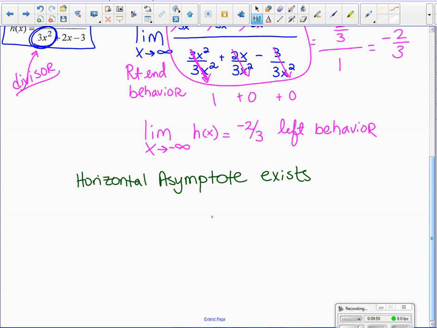And my equation would be y equals negative 2/3, and I could say because the limit as x approaches positive and negative infinity of my function h of x equals negative 2/3. And that would be justification.